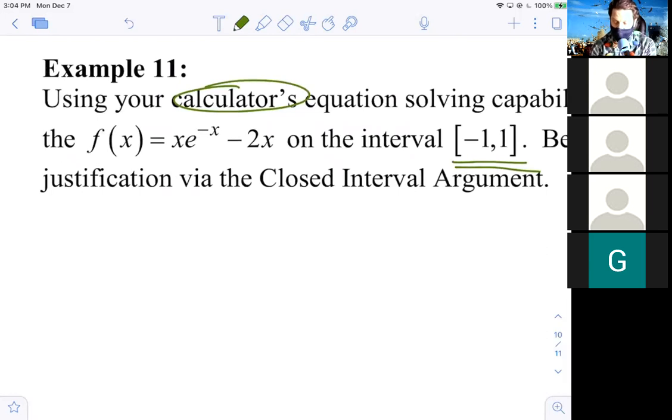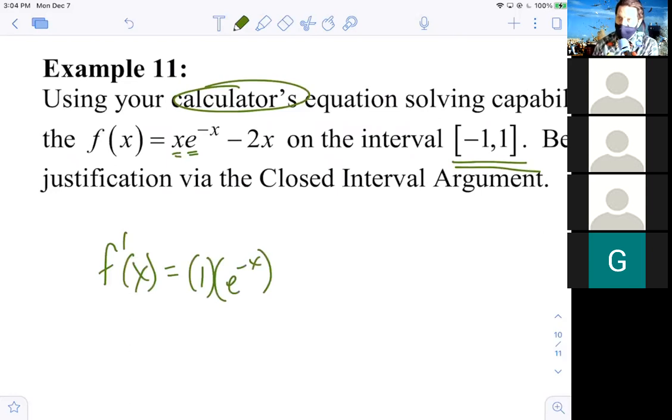We have a function f of x equals x e to the negative x minus 2x. So first, let's take the derivative. All right, this would be good review. We're going to have to use the product rule on that first term. Two factors means we're going to have two terms. So the derivative of x is 1 times e to the negative x just goes along for the ride, plus x goes along for the ride times the derivative of e to the negative x, which is itself times what? -1.